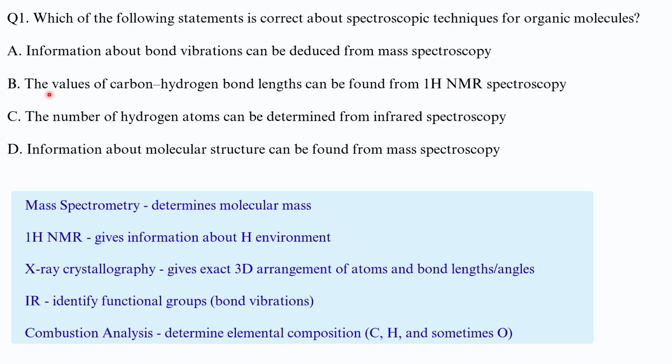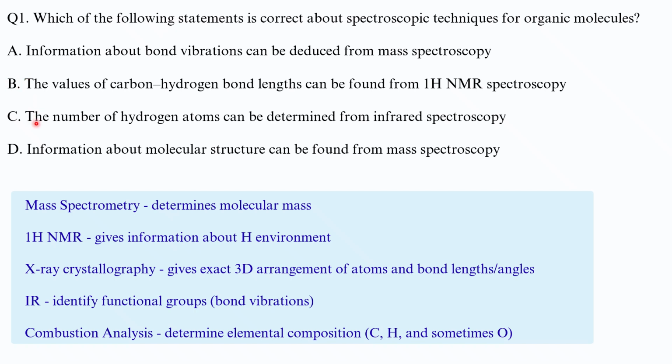Now the next one is, the value of carbon hydrogen bond length can be determined from 1H NMR spectroscopy. So well, whenever we talk about bond lengths, we use X-ray crystallography, because this is the technique that gives the exact length of these bonds. Okay. Now this means option B is also incorrect.